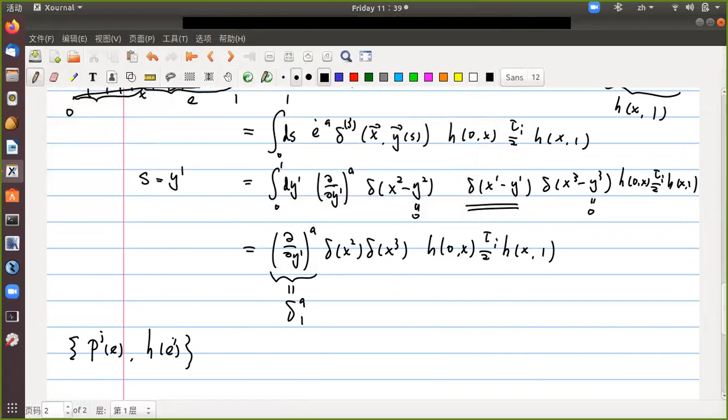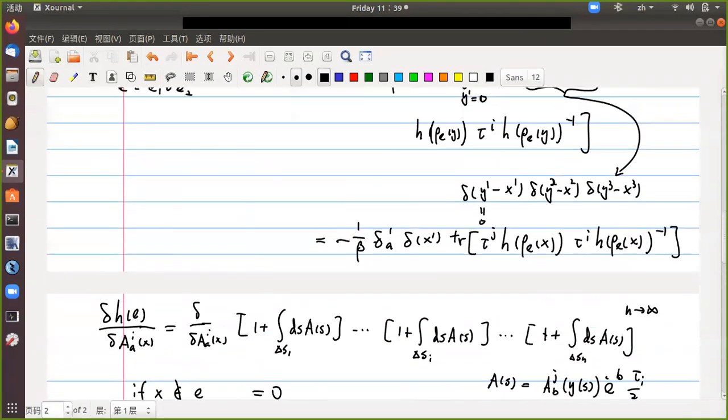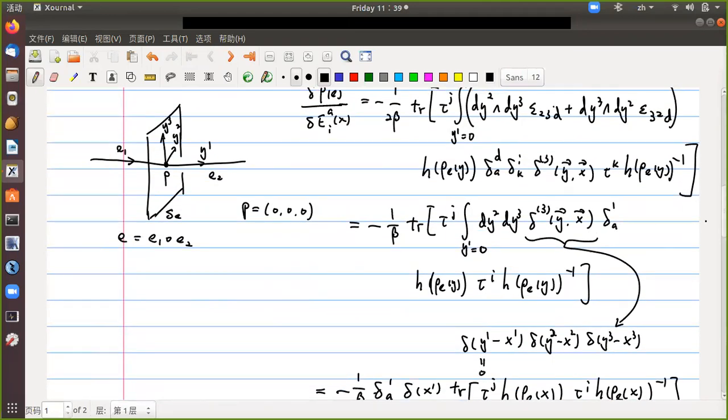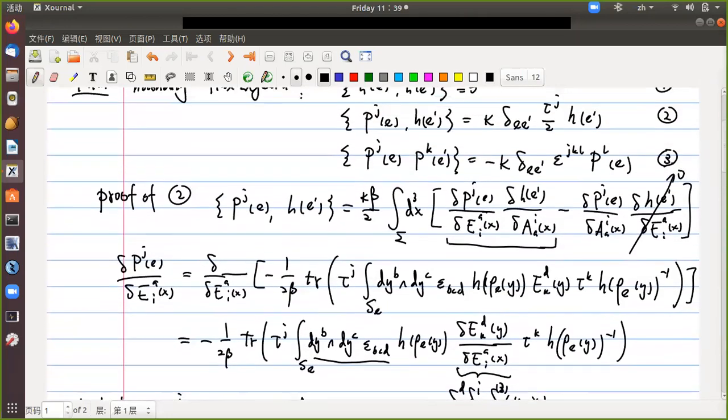Okay, so which means that we only need to consider P_e and h_e. So we only look at exactly this setup. Otherwise, suppose the edge and the surface are completely independent, then look at this formula.